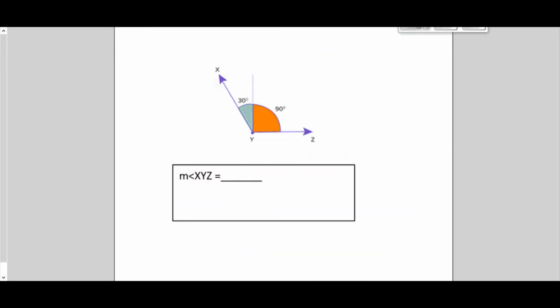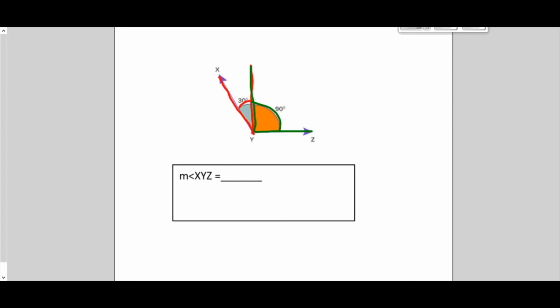So here's another example. I didn't put the protractor in this one. I just wrote the angle measures for you in the problem. So the measure of angle XYZ. I know the measure of this angle is 30 degrees, and I know the measure of this angle is 90 degrees.